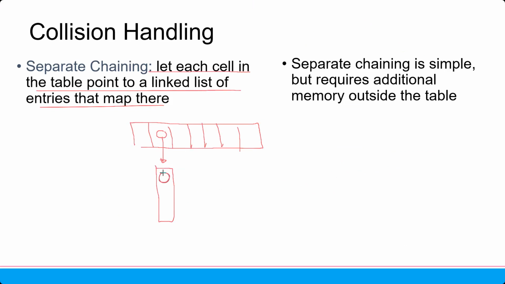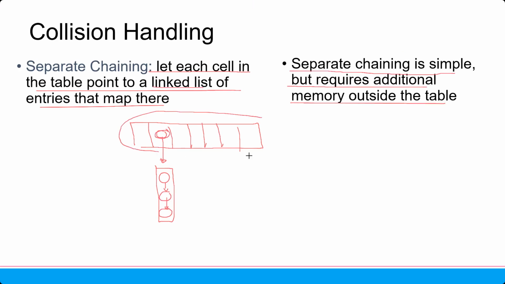When we have a new element, it will be linked to another element, which will be linked to another element. So it is a linked list at a particular point. Separate chaining is simple, but requires additional memory outside the table.